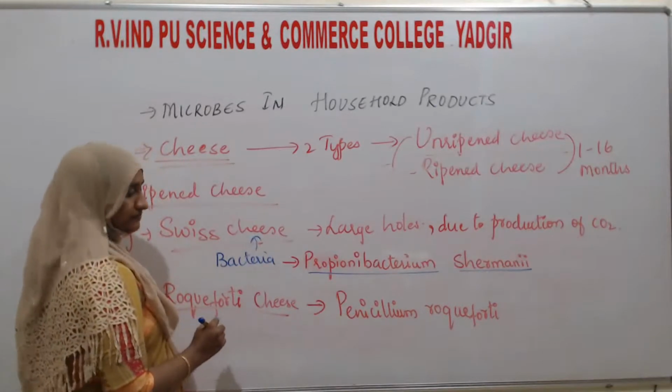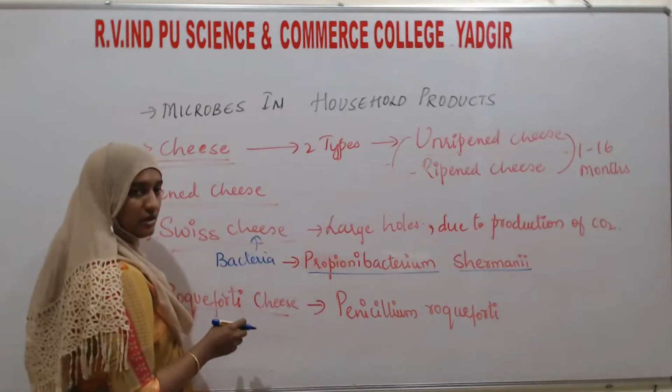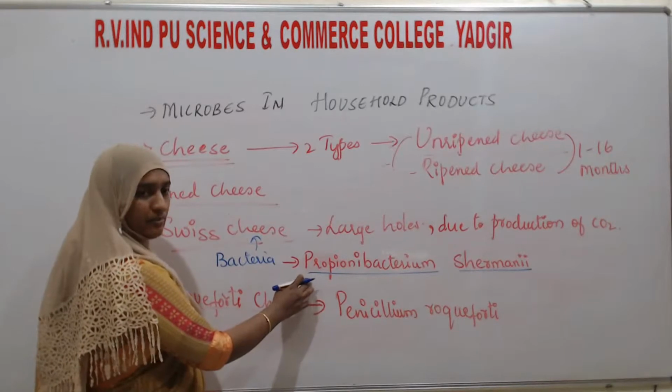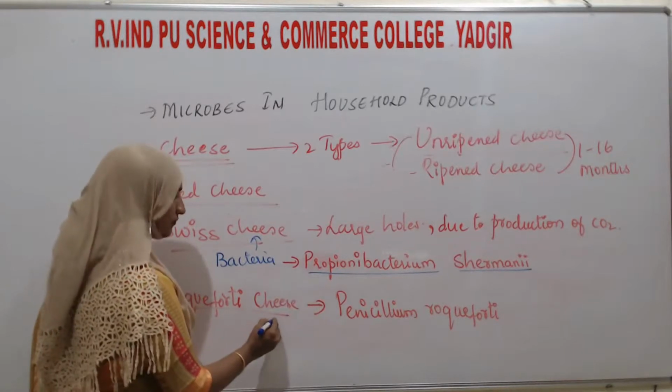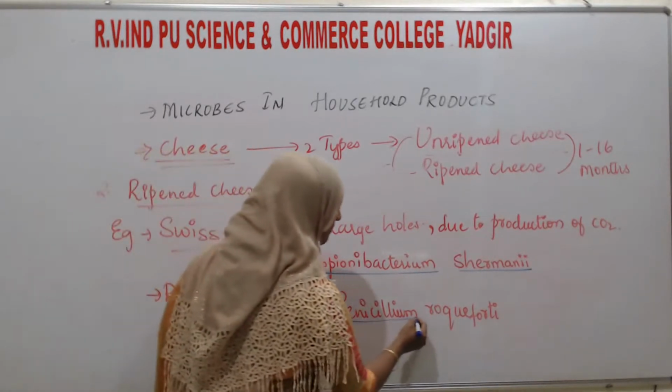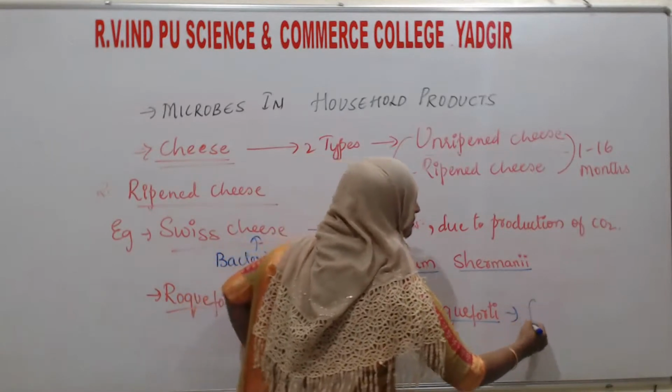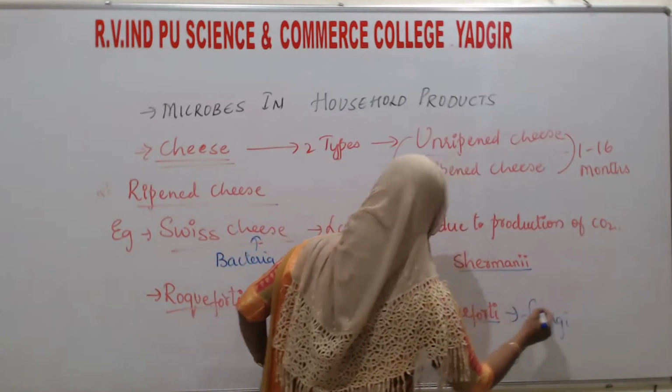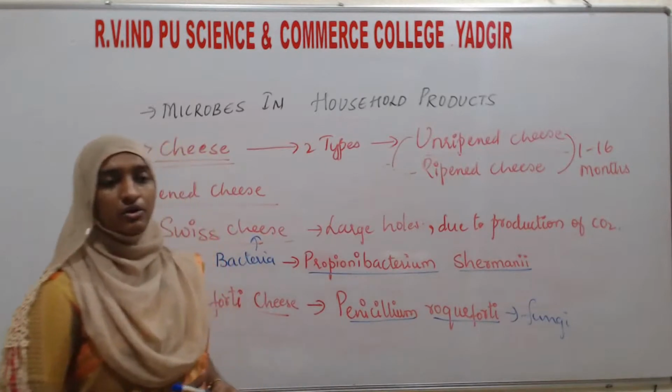Swiss cheese, which forms the large holes, is prepared by the bacterium Propionibacterium shermanii, and Roquefort cheese is prepared by the fungus Penicillium roqueforti.